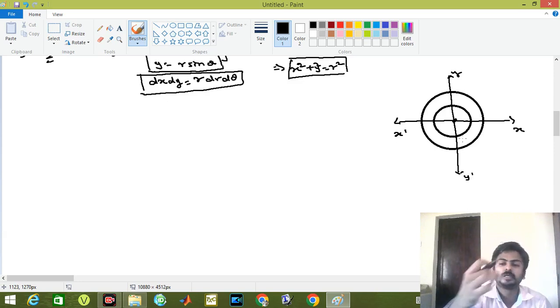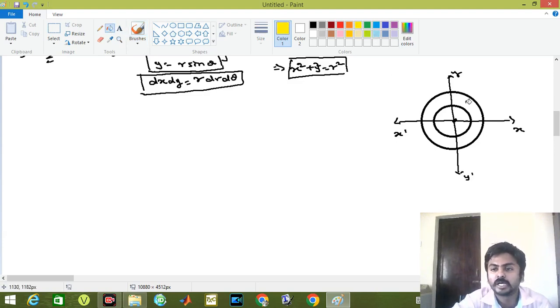So here your task is to find the area covered by this yellow color. They have mentioned the first quadrant, so you are not required to find the other, this green color.